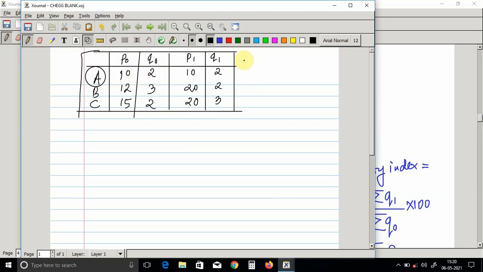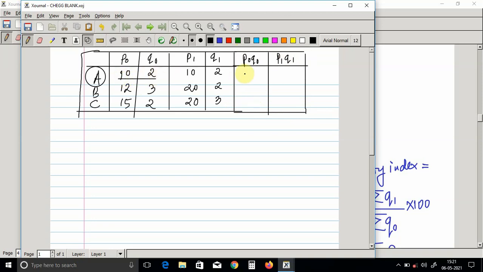Okay, so for the base year P naught into Q naught, ये है मेरा total bill previous year. Current P1 into Q1, ये है value, मैंने कितना खरीदा, क्या rate पे, that is the value of that commodity.